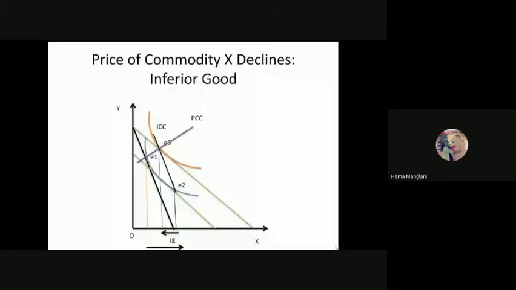Fine. So we'll go for now to the inferior good. Now the price of commodity X is declining for the inferior good. Here we all know the difference between the Giffen good and the inferior good. The inferior good shows the relationship between income and consumption. If your income is rising, you are consuming less of that commodity, or vice versa.